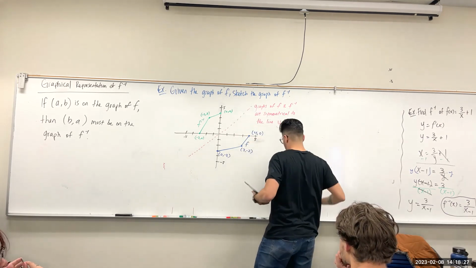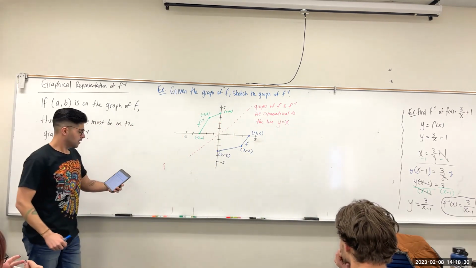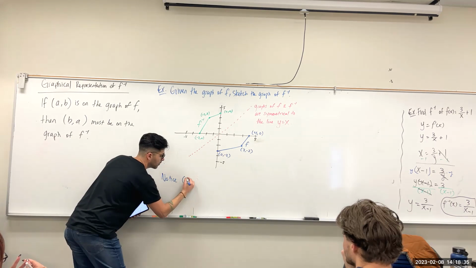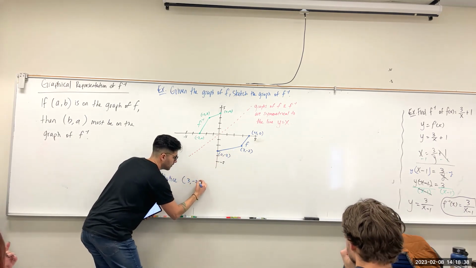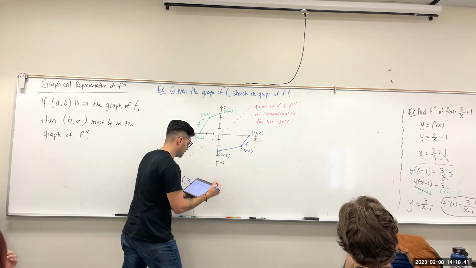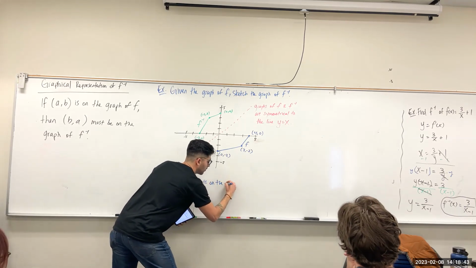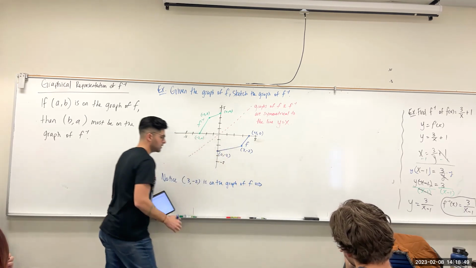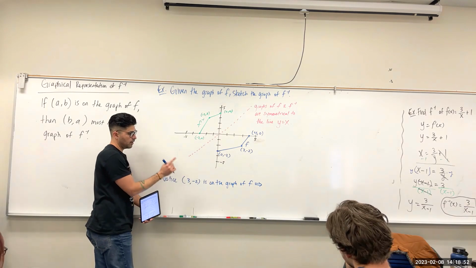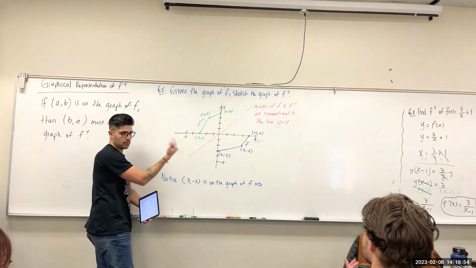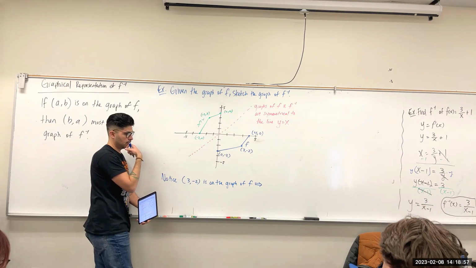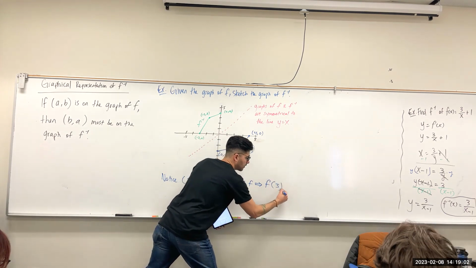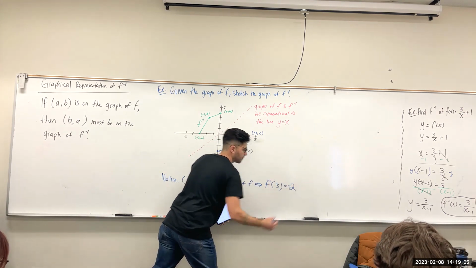Notice that the point (3, -2) is on the graph of F. And what that means is if you input 3, you output -2.